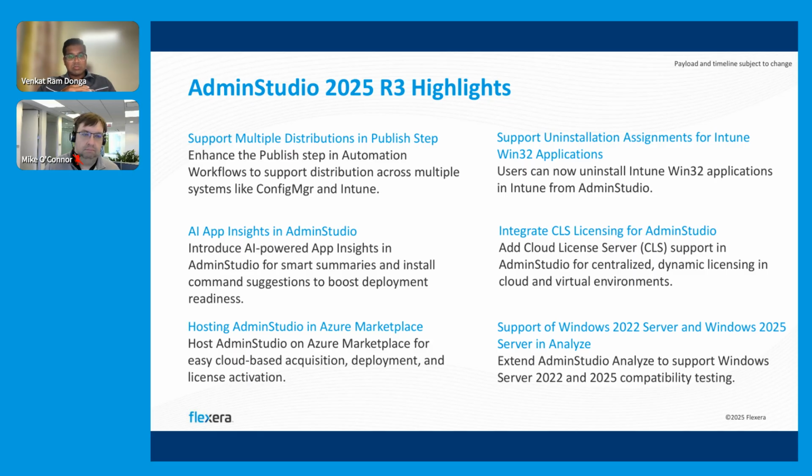The first one is supporting multiple distributions in the publish step. This has been a friction point for our users, where I can publish my applications to just one distribution system. Again, we hear a lot of feedback from people who are maintaining both Configuration Manager and Intune because they're in the process of migration, or Configuration Manager is currently monitoring only some set of endpoints, and Intune is doing only some set of endpoints.